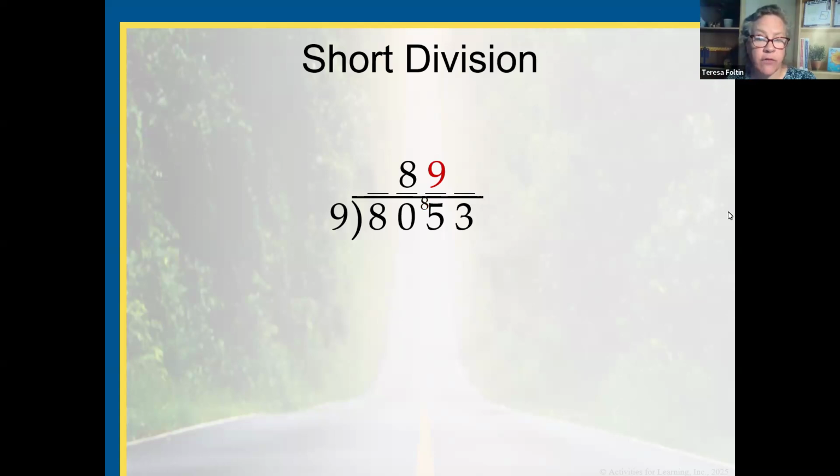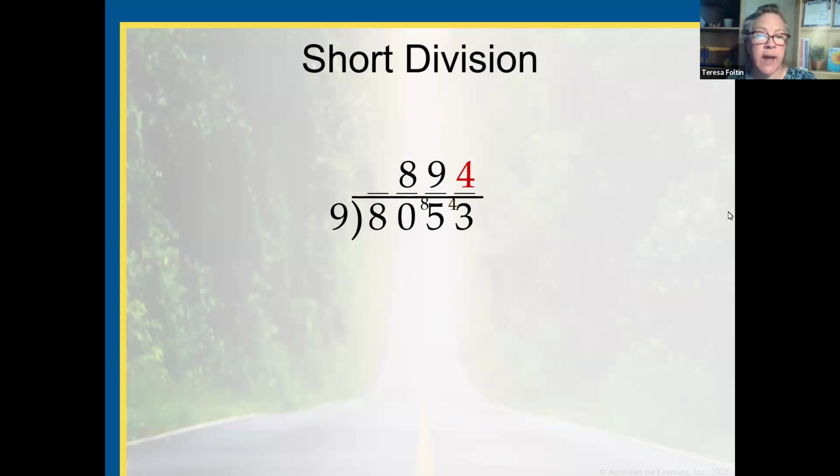Now I'm asking myself, how many times does 9 go into 85? Well, it goes in 9 times because 9 times 9 is 81, right? So I'm going to write the 9 above the 5 in the tens column. And I'm going to write a little 4 next to the 3 because since 9 times 9 is 81, if you subtract that from 85, you get 4, right?